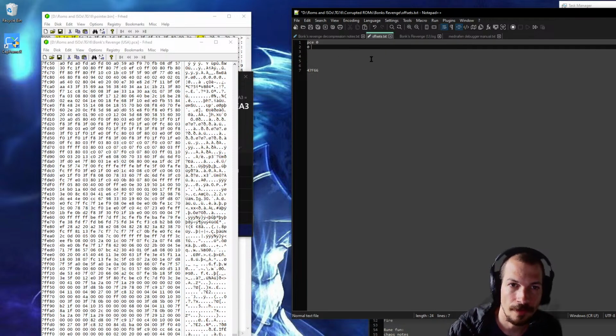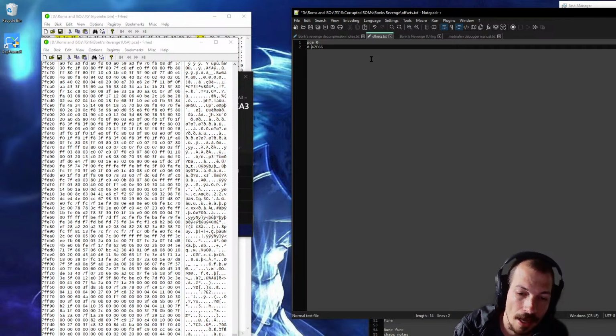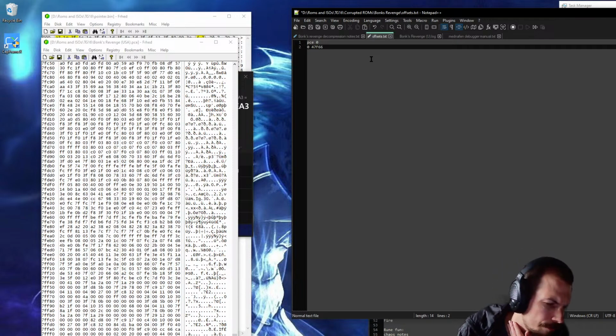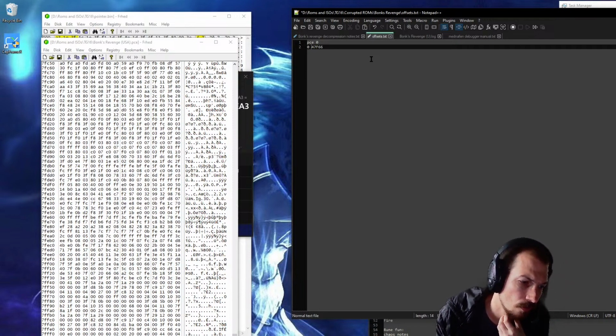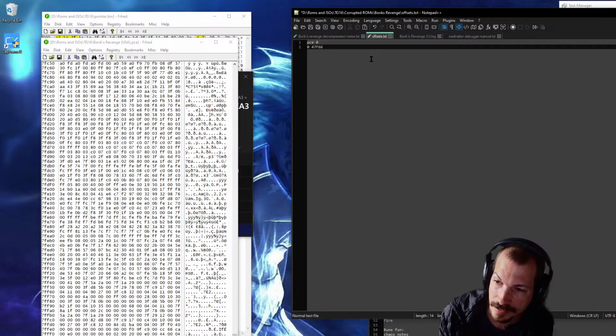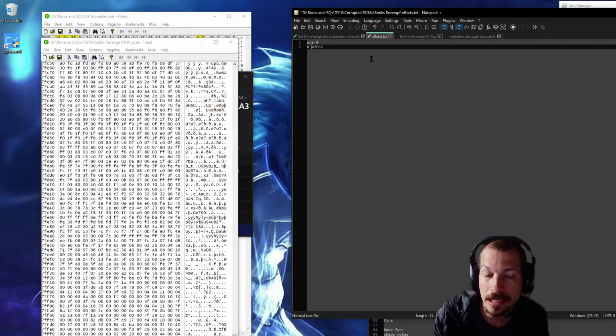I could technically just do this and call it a day, and it would work. But I also kind of want, what I've done lately, just because the script makes this so much easier, is avoid blank areas of the ROM, like banks that have empty space at the end.